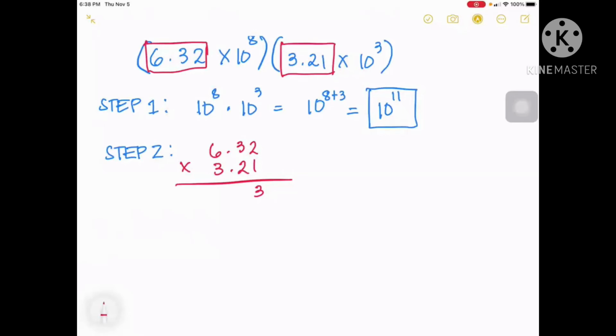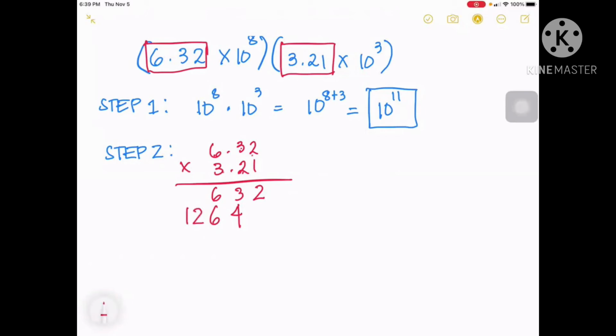Okay, my bad. It's 2 times 1 rather is 2, and then copy 3 and 6. Then 2 times 2 will give you 4. 2 times 3 will give you 6. 2 times 6 will give you 12.